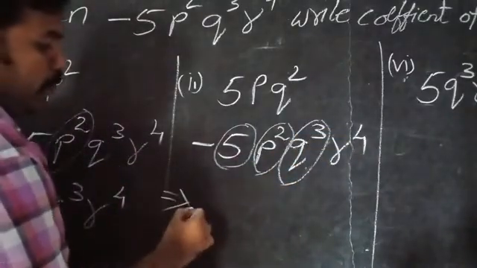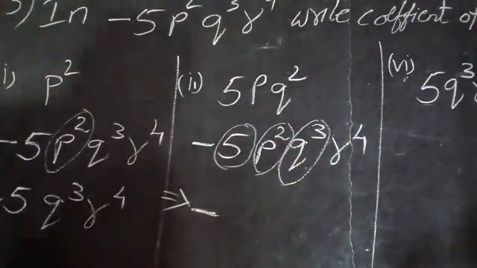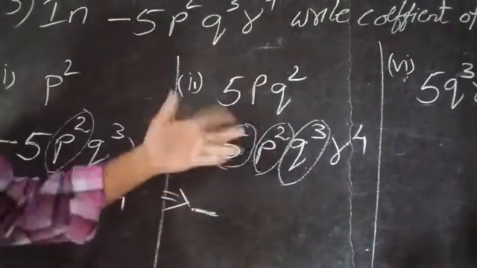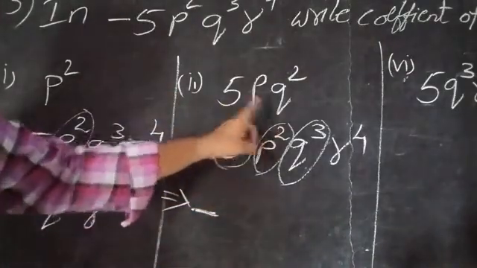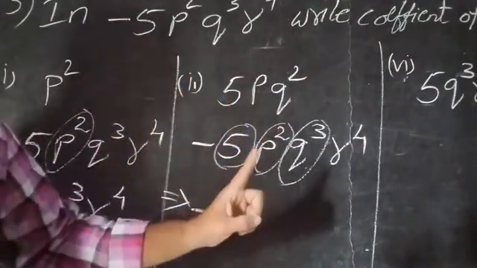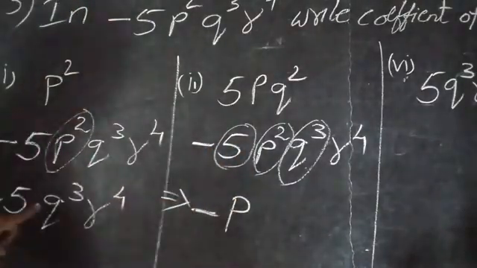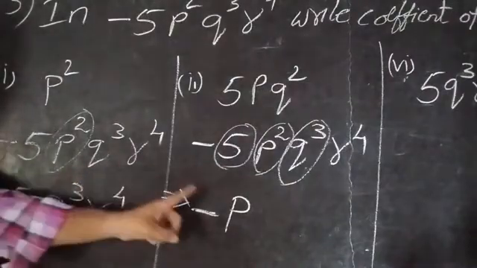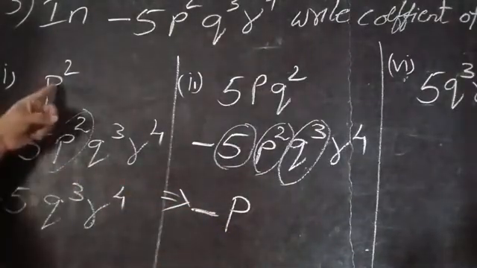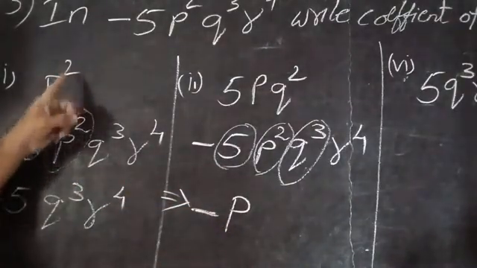Now the minus sign is not closed. 5 went off. From the 2 p's, they are taking only 1 p. So here p is not there. Why? Because they are asking the coefficient of p power 2.